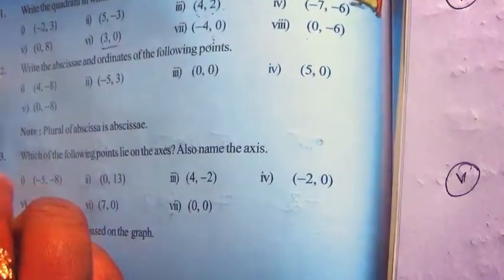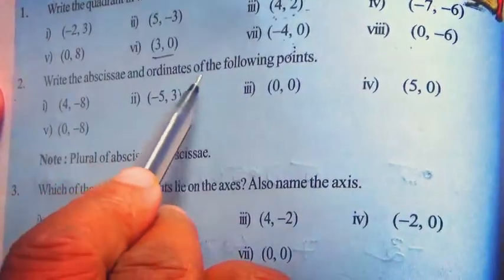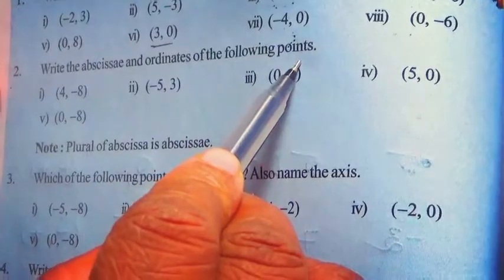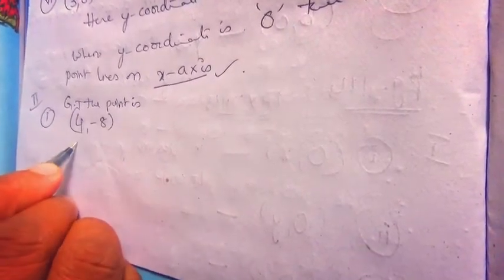Second one: write the abscissa and ordinate of the following points. What is abscissa? The x coordinate we call the abscissa. Second Roman numeral, the first sum, that is 4, -8. Given that the point is 4, -8, we know that the first one is the x coordinate and the second is the y coordinate.